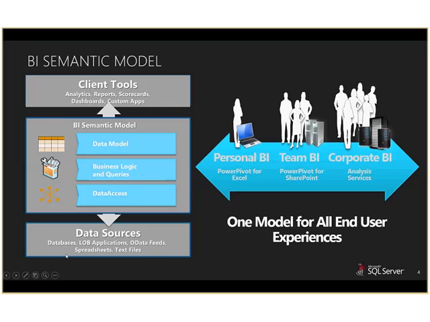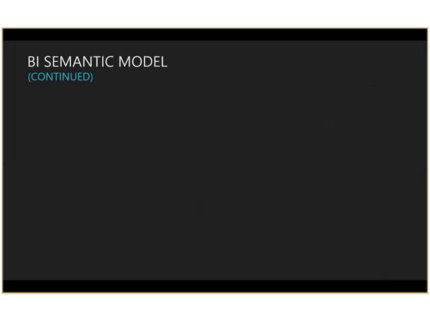So we have our data sources feeding up into our data warehouse in the perfect world, and then we're going to build out our data model either as Power Pivot, just in Excel, Power Pivot for SharePoint, tabular project, or multidimensional cubes, like we've had before in Analysis Services. Client tools can connect to any of these BI semantic models and use them without any changes because they're using the standard application programming interfaces.